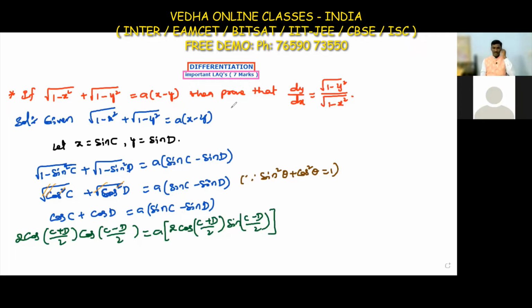Okay, so can we cancel anything? Here just check it, on both sides we have 2 multiplying. If you take it to the other side it will divide, so with that we can cancel.